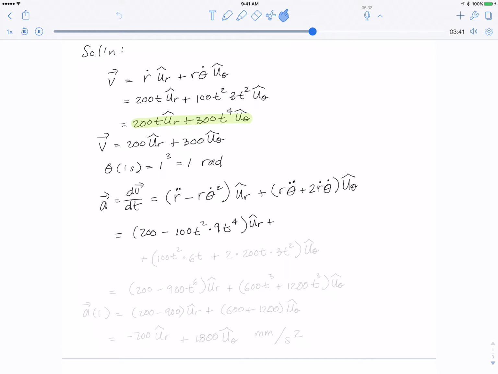Okay, I'm going to run out of room, so I'm going to continue on the next line. r is 100t squared. Two derivatives of theta is 3t squared, 6t. Plus 2, the first derivative of r is 200t, and the first derivative of theta is 3t squared.